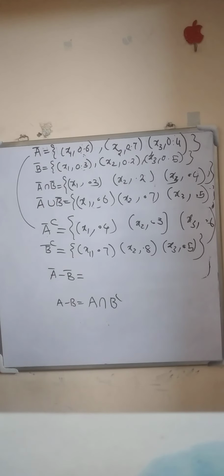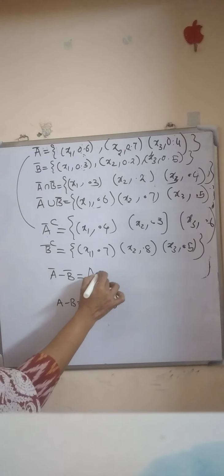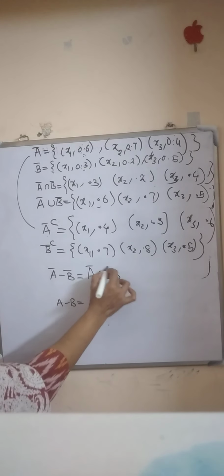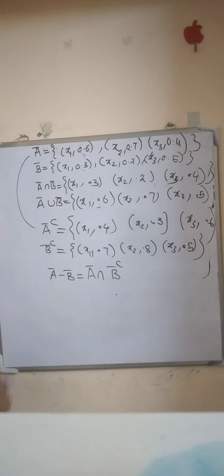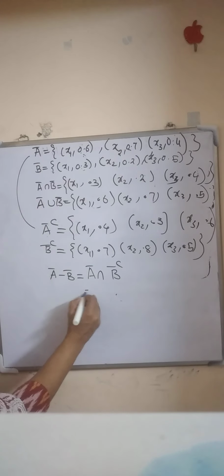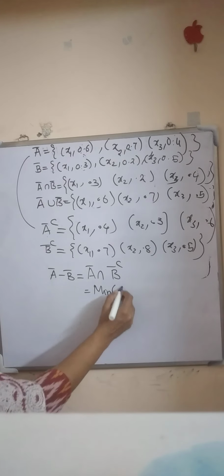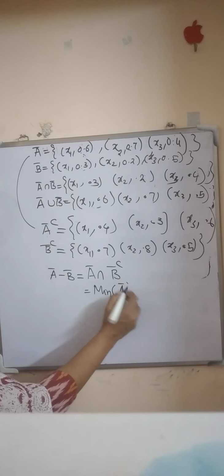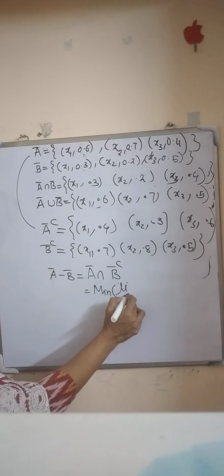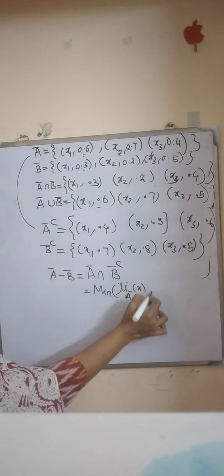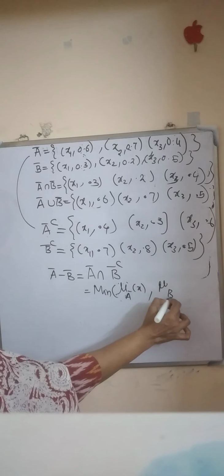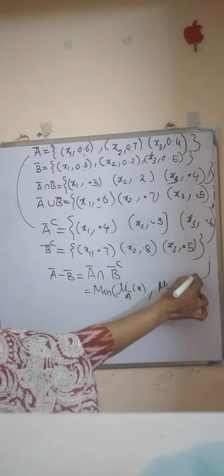Similarly here, A bar difference B bar equals A bar intersection B bar complement. That is the minimum of the membership function of A bar and the membership function of B bar complement.